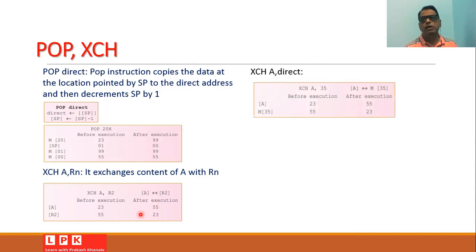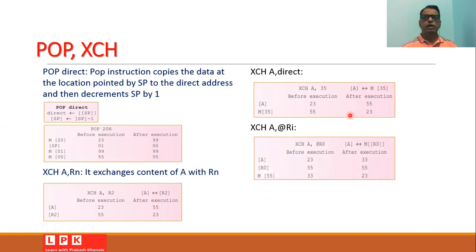This exchange can be written in another form also, XCH A, direct, where we exchange the content of A with the direct memory location. Say, for example, XCH A, 35. In that case, if A has 23 and memory location 35 has 55, after the execution, A will have 55 and memory location 35 will have the content 23.